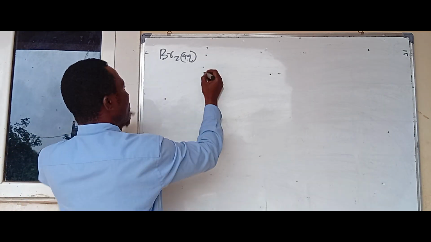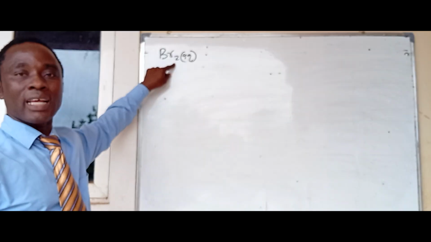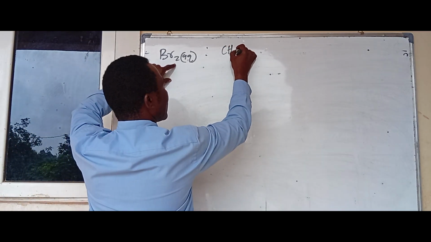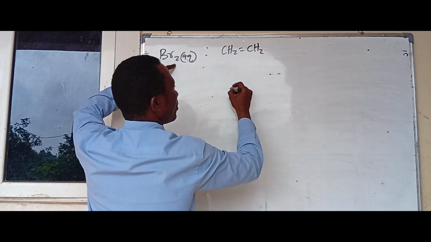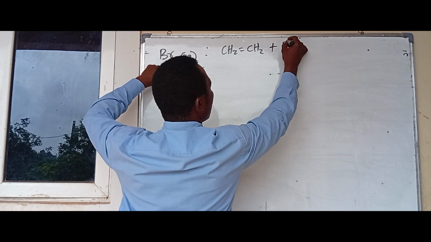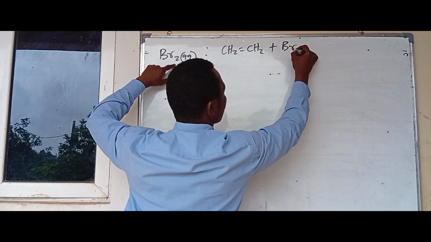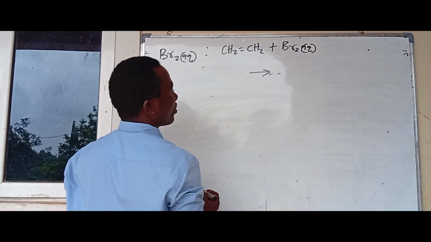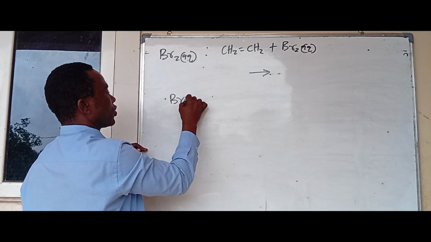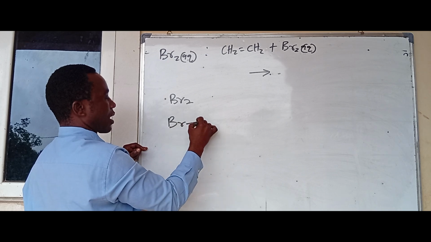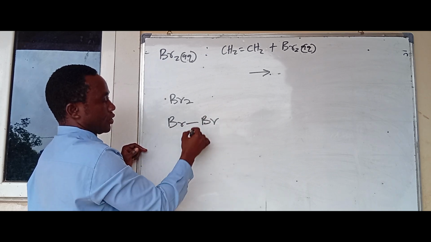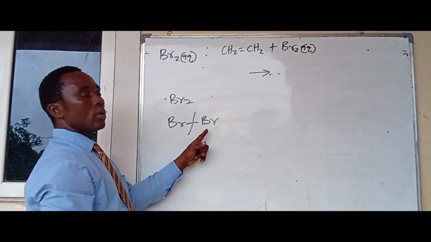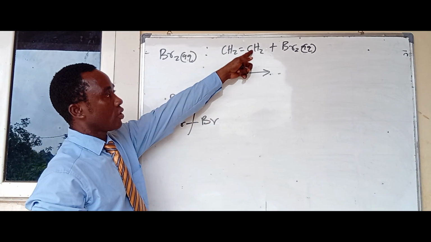Now, if we react bromine water with an unsaturated compound like an alkene, let us take ethene for example, you are reacting it with bromine water. You see that bromine water, which is Br2, is bonded this way, Br and Br. So the bond can break so that one of the bromines will be attached to one carbon, while the other bromine can attach to the other carbon.